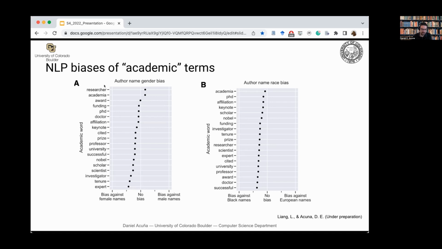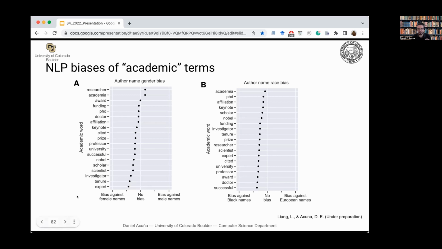If we have text that is related to science in some way, academic terms, and this is a technique that I won't go into details about, but basically if it is a dot that is below 50%, there is some bias. And it turns out that lots of academic terms in science are actually biased against female names.